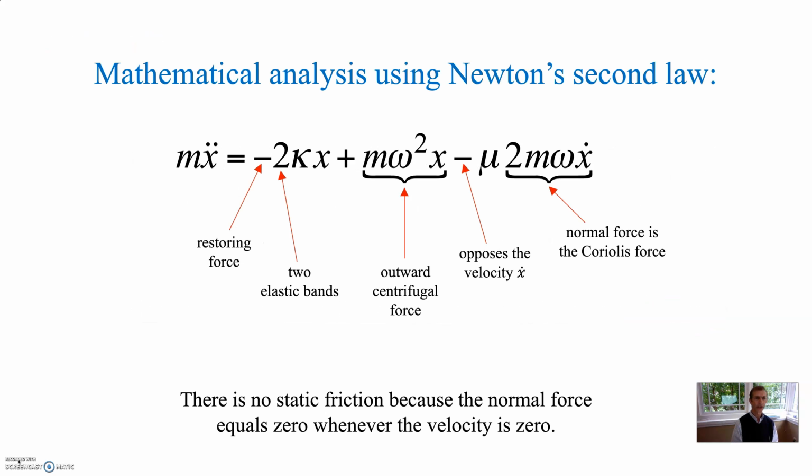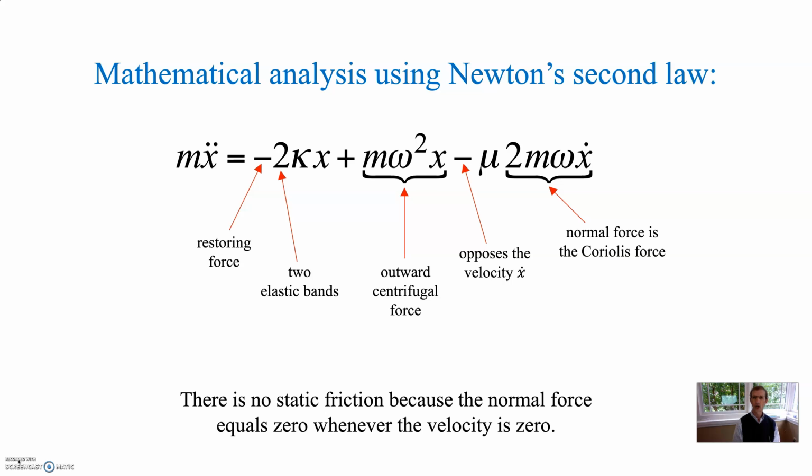To see how this comes about, let's apply Newton's second law mathematically. So the mass times the acceleration will be given by the sum of three forces. We've got the restoring force due to the two elastic bands, which gives us minus 2 kappa times the position x of the bead displaced away from the origin. We've got the outward centrifugal force, which is the mass times the centrifugal acceleration omega squared x.